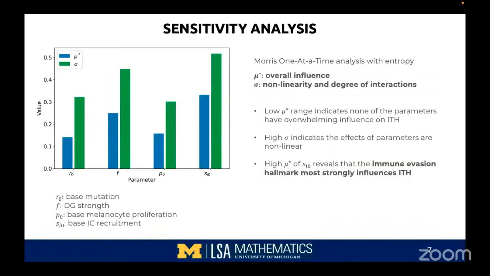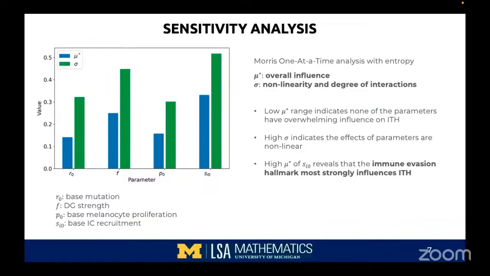And on to the beloved sensitivity analysis that we've heard so much about. So this is just local sensitivity analysis, more as one at a time. And I'm only going to highlight our main finding from this, which is that if you look at SI naught, that has the highest mu star value, which indicates that immune evasion is a hallmark that is actually most strongly influencing the intratumor heterogeneity that we're observing.